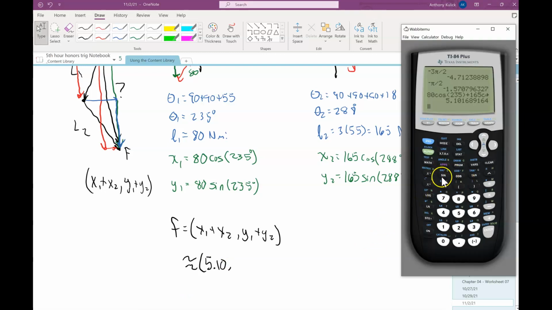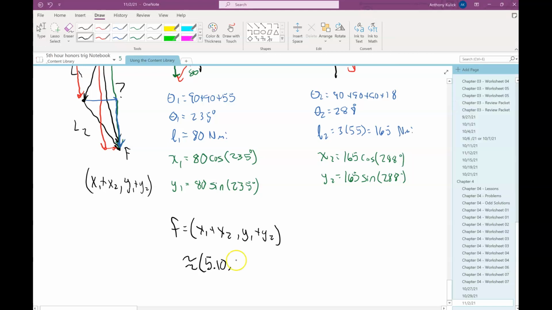And then we'll do sine 235. Oops. 80 sine 235 plus 165 sine 288. And it gives me negative 222.46.